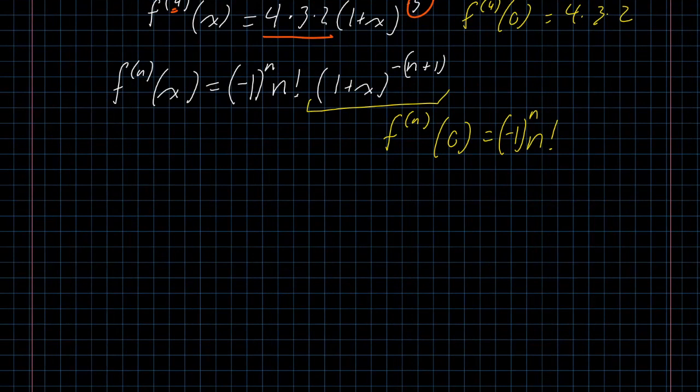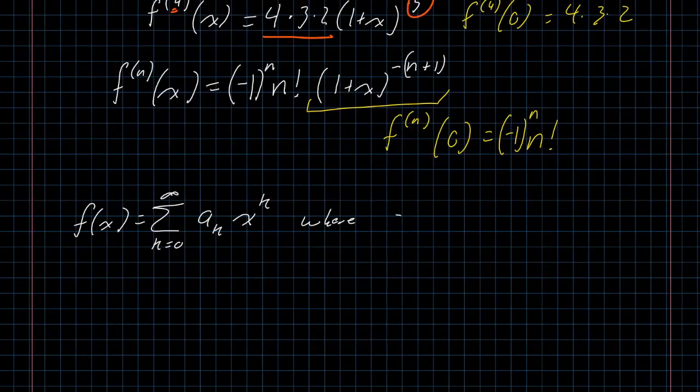But that's still not the end of the road, because the Maclaurin polynomial tells us that we can write f of x as the sum, k goes from 0 to infinity, of a_k x to the k, where a_k is the kth derivative of f evaluated when x is equal to 0, divided by k factorial.